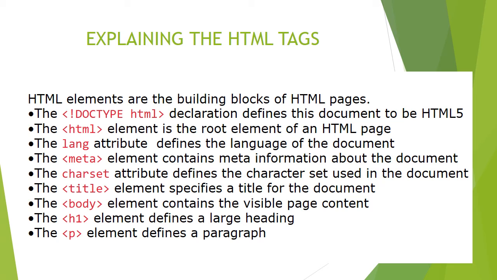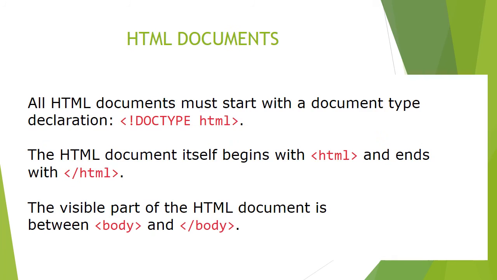Remember this, headings are categorized from 1 to 6. While the H1 defines a large heading, H6 defines a smaller heading. Now the P element defines a paragraph. In HTML, a paragraph means every content in sentence form that is written under a P tag.